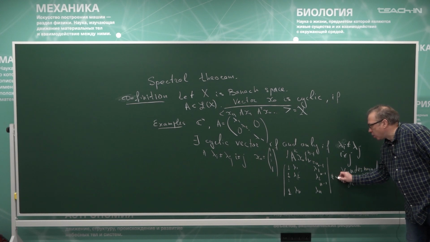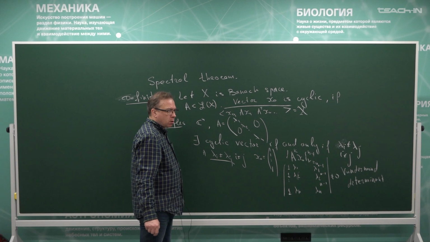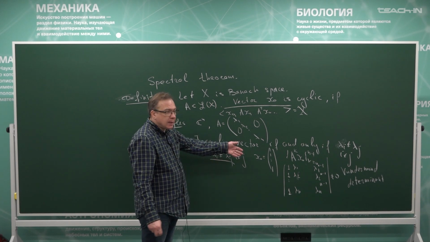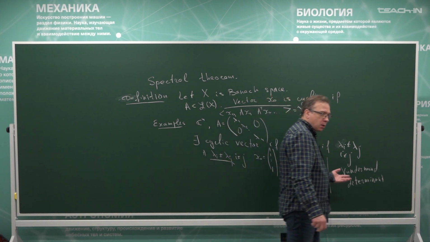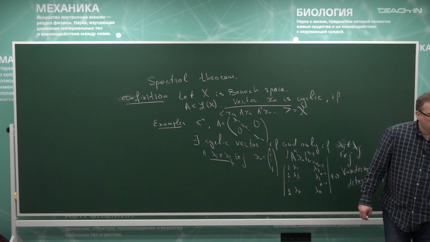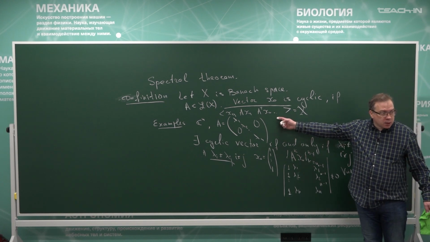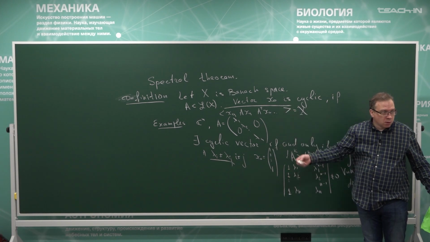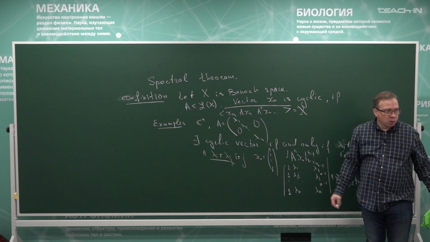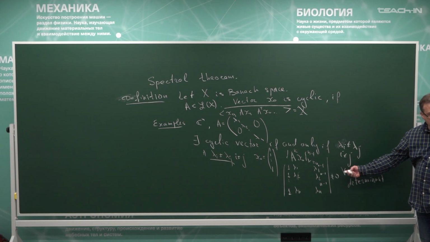It is not zero due to this assumption. So all these vectors are linearly independent, so they form a basis in the space. So it is dense; the linear span gives us the whole space without any closure, because it is a finite dimensional situation.